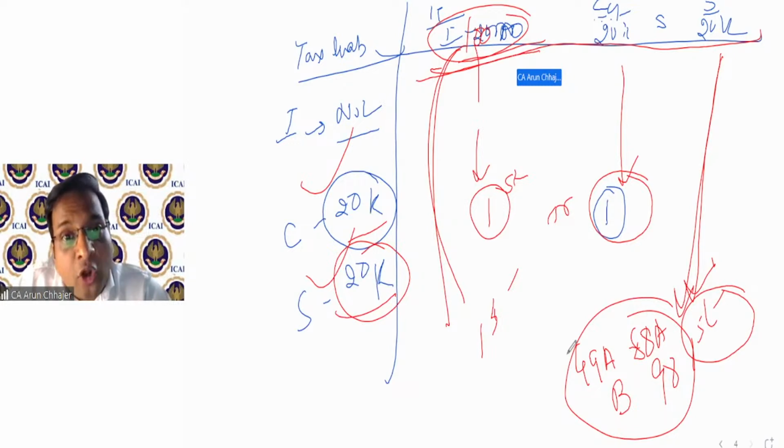If I does not have sufficient balance, then only you can go to C or S respectively. We all know that C and S will never give to each other.